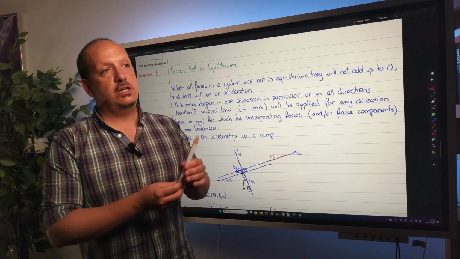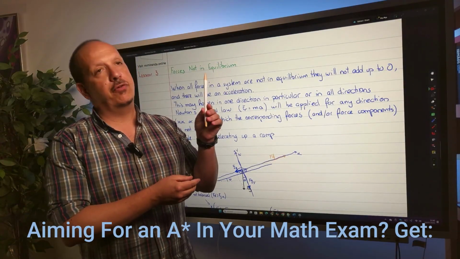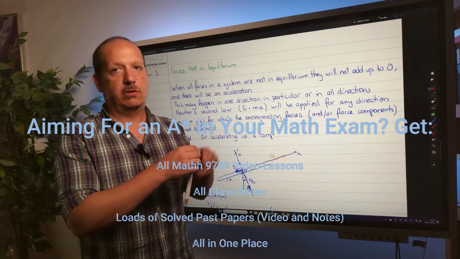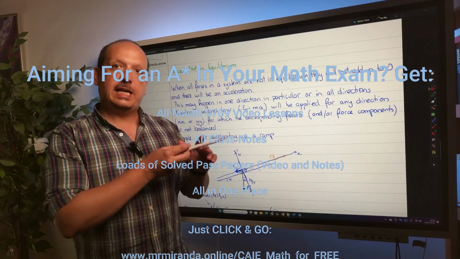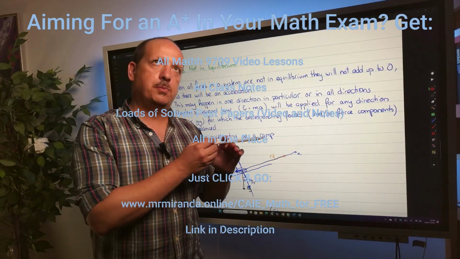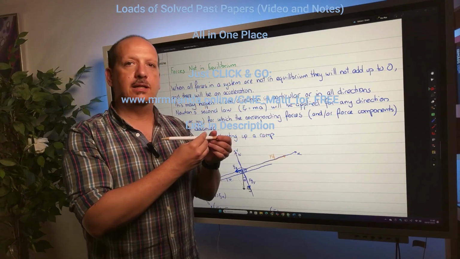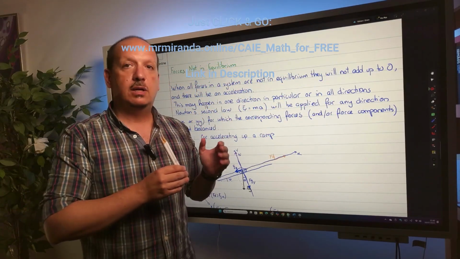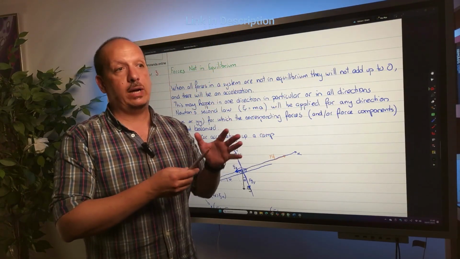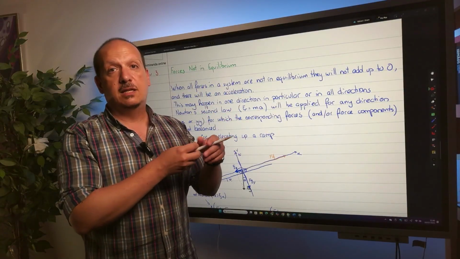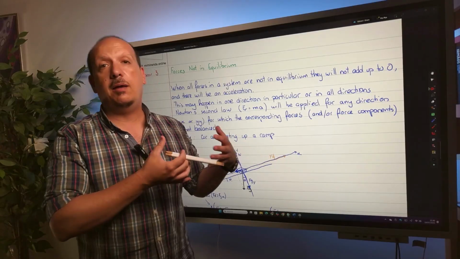So either you have on the y-axis the sum of the forces pointing up being bigger than the sum of the forces pointing down, or the other way around, or on the x-axis, the sum of the forces pointing right being bigger than the sum of the forces pointing left, or the other way around. And if that happens, then you just have to equal in the corresponding axis the resultant force to ma.